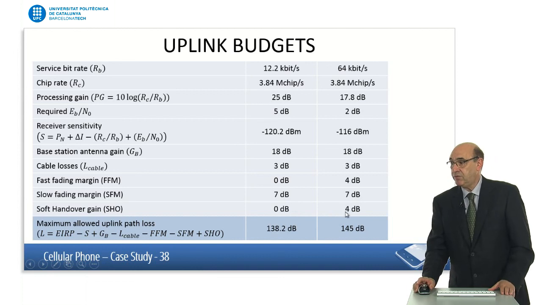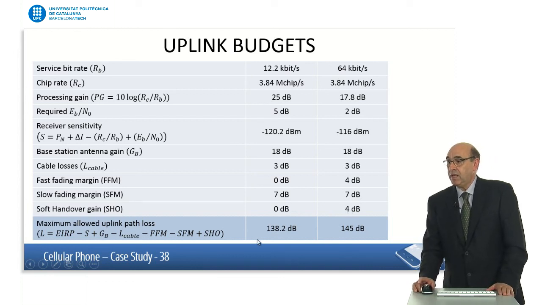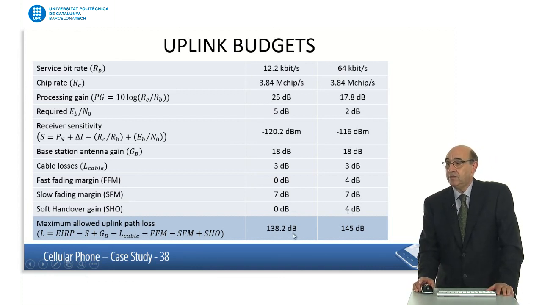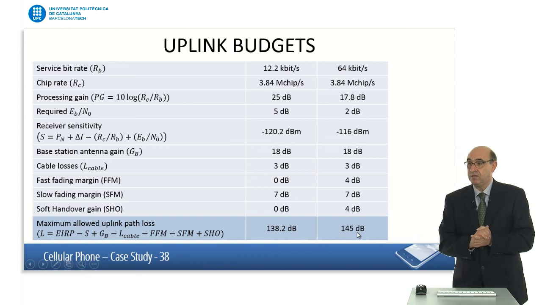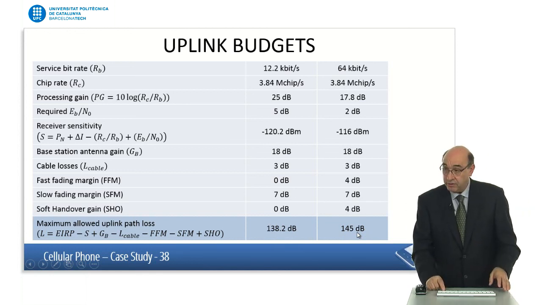So here we have a 4 dB gain. That means that at the end, the maximum allowed path loss in the uplink, when you take into account all those parameters, is 138 dBs for speech, 145 for data. And this is the maximum path loss you can handle in this problem.